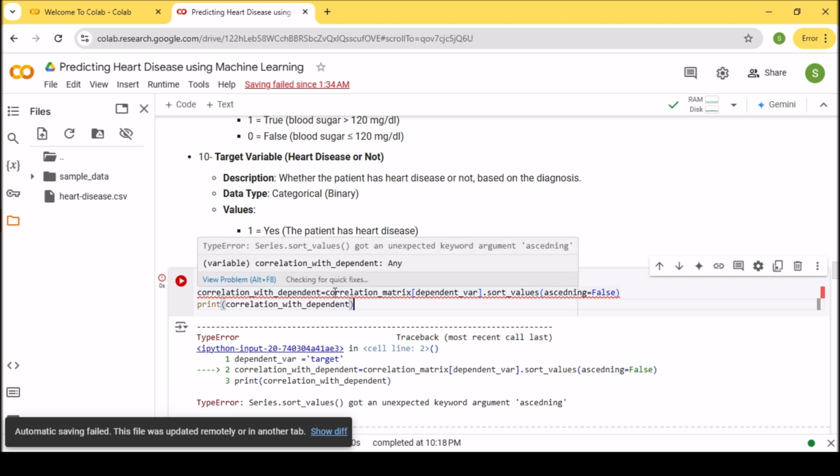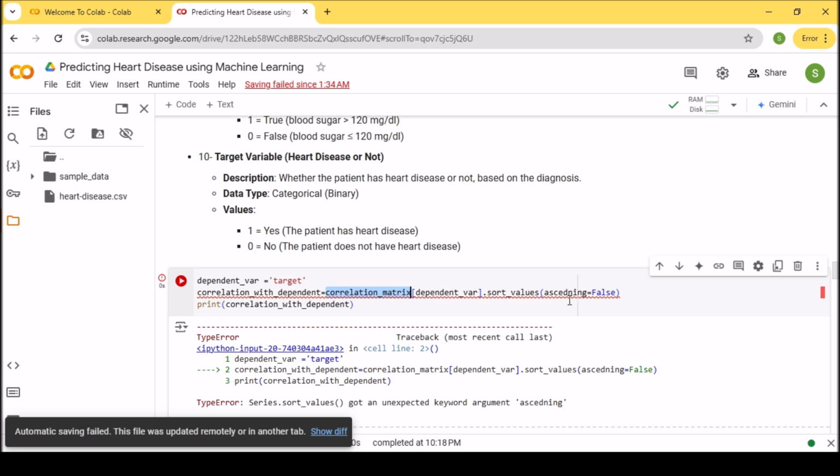Correlation with dependent, correlation matrix, sort values, ascending.